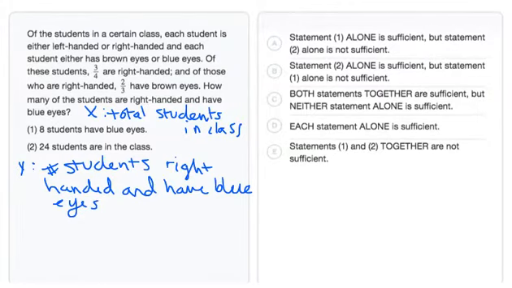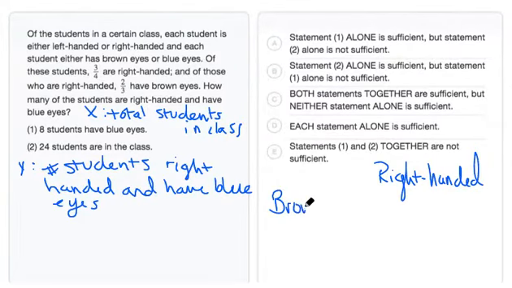Now let's go ahead and set up the table. We're looking for intersections of right-handed students and their different color eyes. So let's set up one column for whether they're right-handed, and then we'll set up some columns for brown-eyed students and another one for blue eyes.